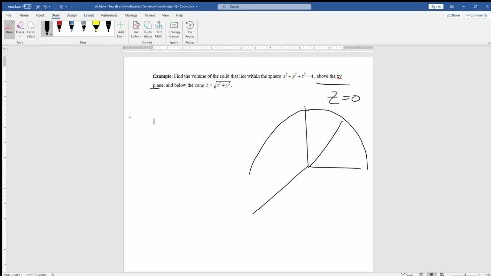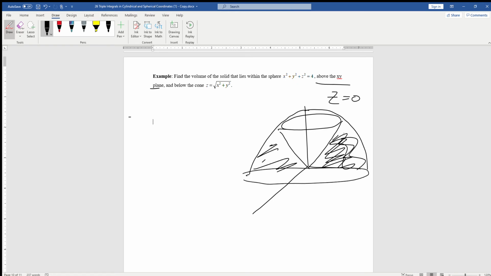And then we have a cone that's inscribed within the sphere. And what we're looking for is everything below the cone. Okay, so all the volume that exists beneath. So I'm just going to draw that, and let's just draw our sphere. All right, so that's what we have.